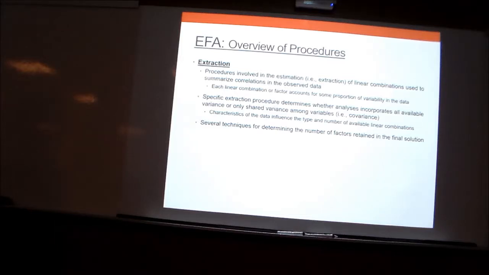Characteristics of the data, type and number of available variables, are going to impact the number of available linear combinations. There are several techniques for extraction, and we're going to go through a couple different types. There's a huge literature on these procedures, with big, thick books. We're just going to go through the very basics.